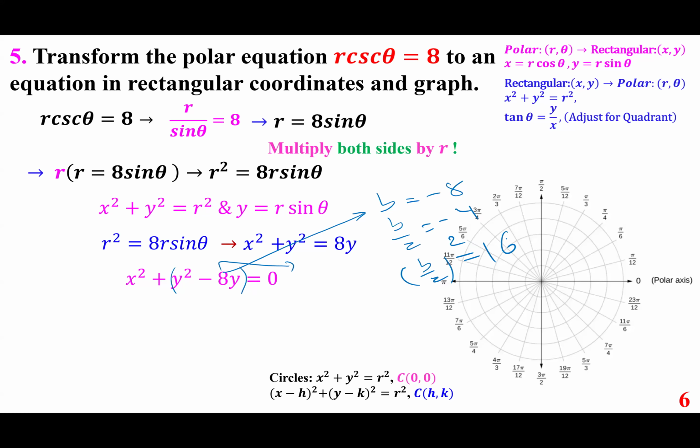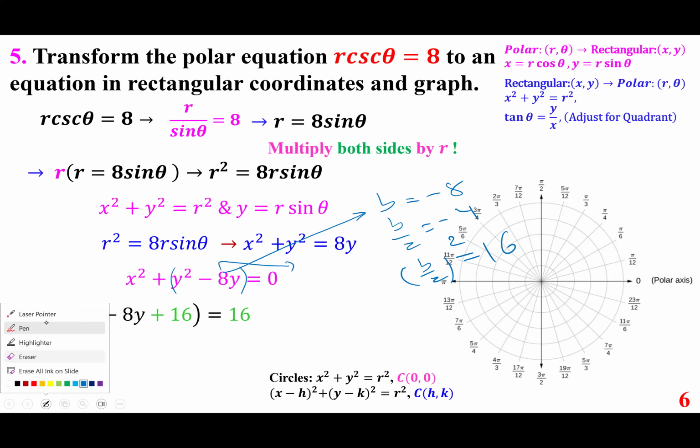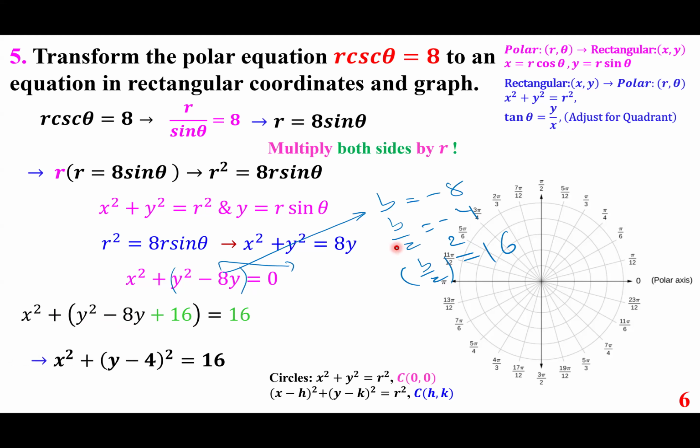Squared is 16, so add 16 to both sides. This is x squared, this is y minus 4 squared, just whatever b over 2 is, equals 16. And you recognize this as a circle centered at 0, positive 4. Radius, square root of 16 or 4.